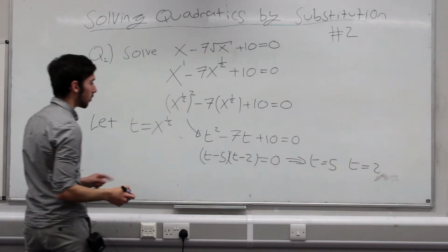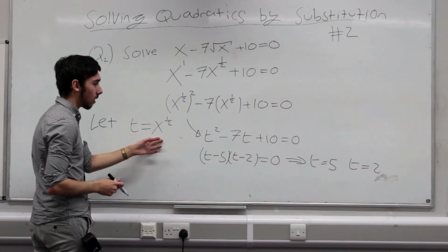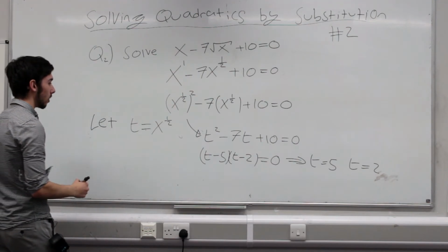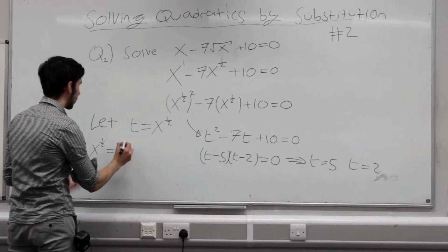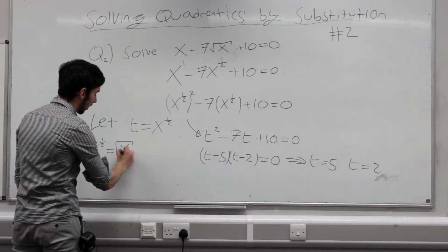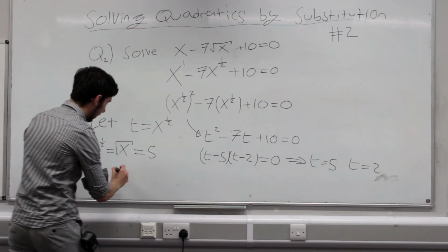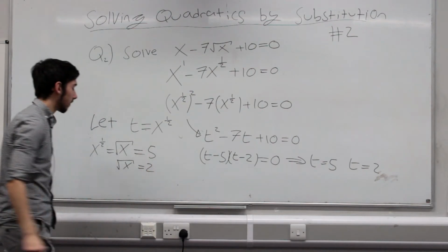But what we do know is that t is equal to the square root of x, or x to the half. So if t is equal to 5 and t is equal to 2, then that means that x to the half, which is, let's just write it now as the square root of x, is equal to 5, and also the square root of x is equal to 2, isn't it?